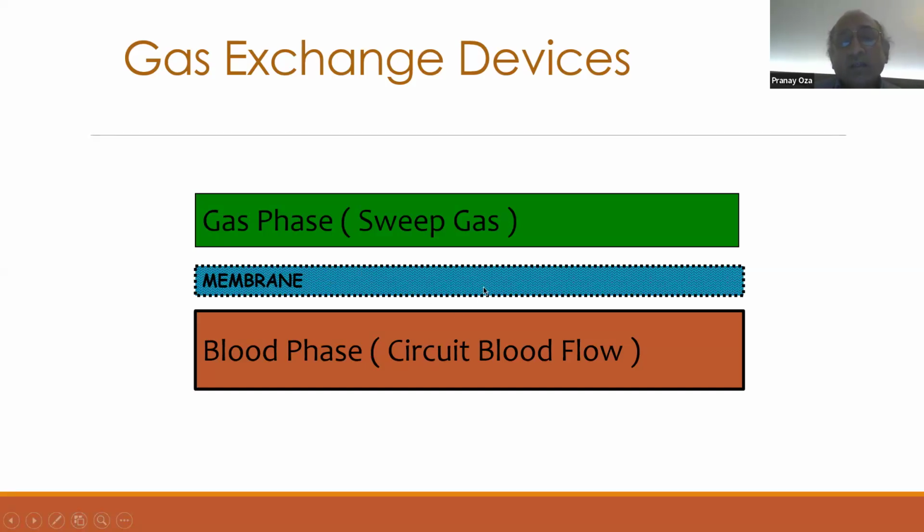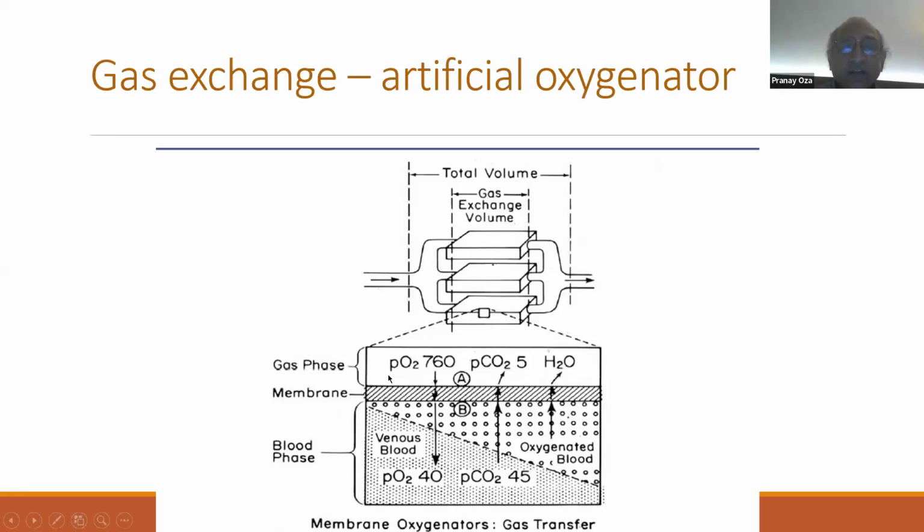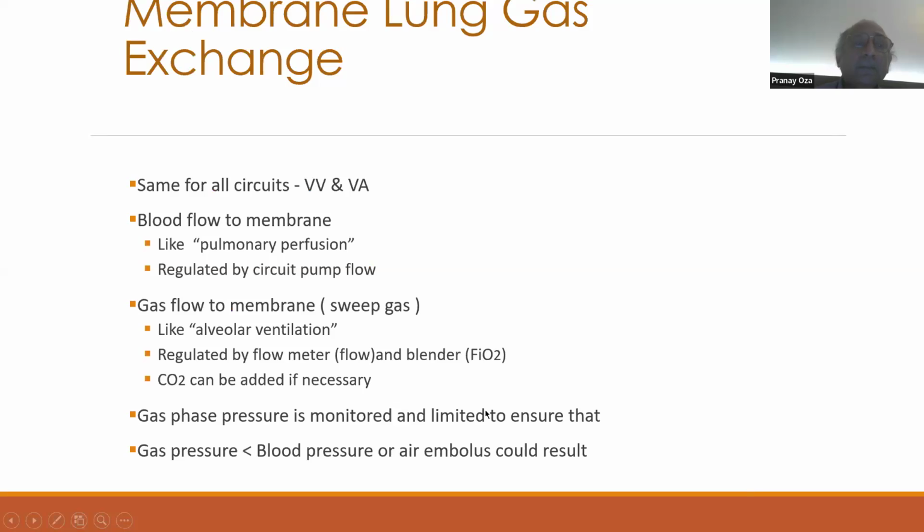The gas usually passes inside the membrane, while the blood passes outside the membrane, and the gas exchange takes place depending upon diffusion. As the PO2 is initially low, the gas exchange takes place faster, the PO2 increases faster, and the PCO2 gets removed. That membrane exchange is going to remain the same for VV as well as VA ECMO.